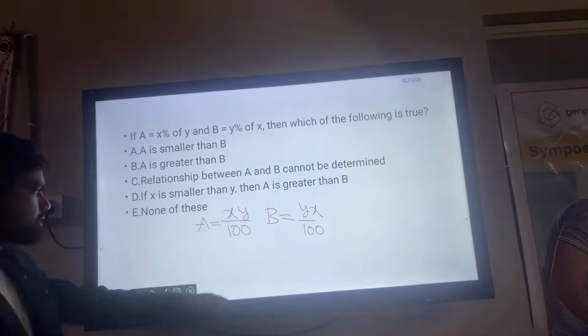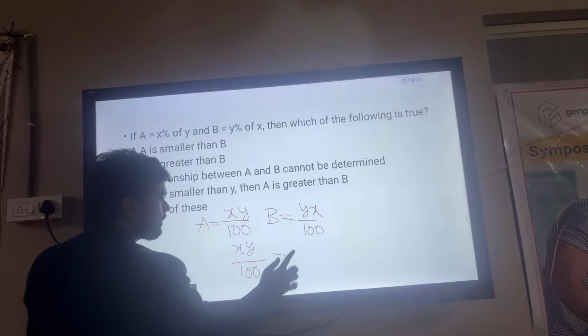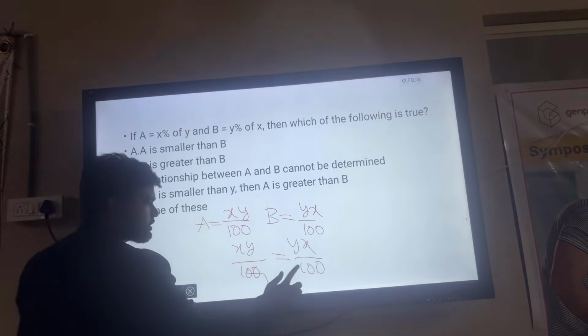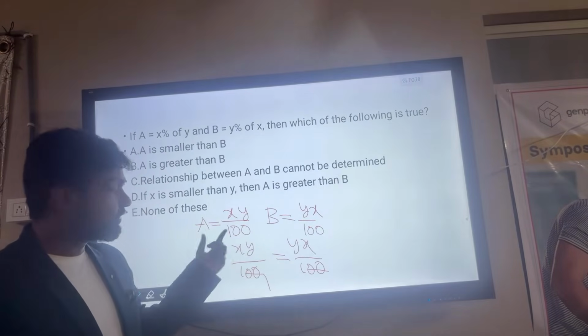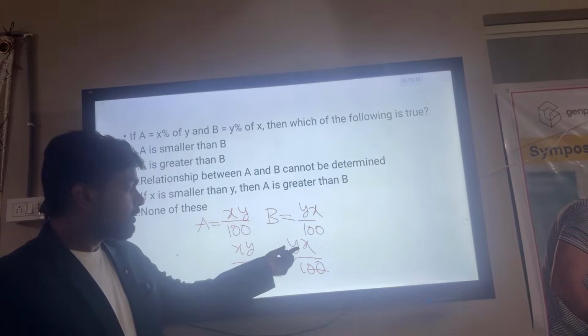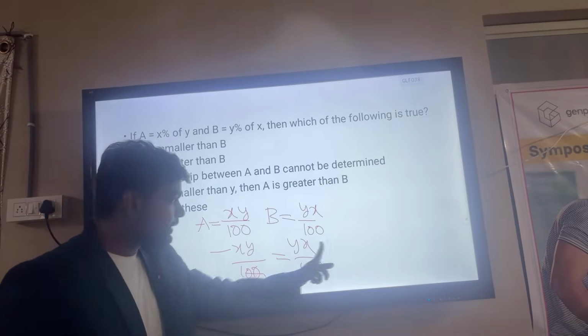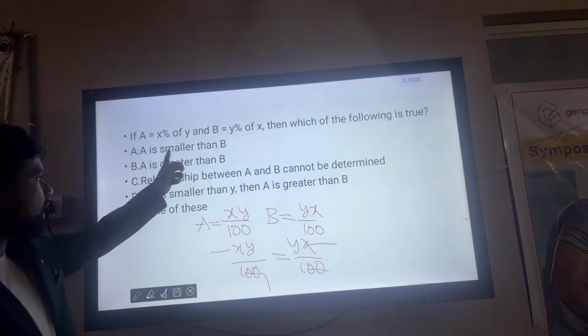If you compare these two, XY by 100 and YX by 100, the 100s cancel. Let's say X is equal to 3, Y is equal to 4: 3 4s are 12. Y is equal to 4, X is equal to 3: 4 3s are 12. They are both the same. Look at the conclusions. A is smaller than B?